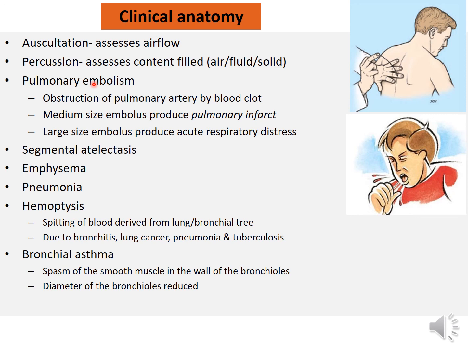The obstruction of the pulmonary artery by a blood clot results in a condition called pulmonary embolism. It could lead to pulmonary infarction or acute respiratory distress based on the size of the embolus. Segmental atelectasis is a condition where you see the collapse of several segments of the lung.